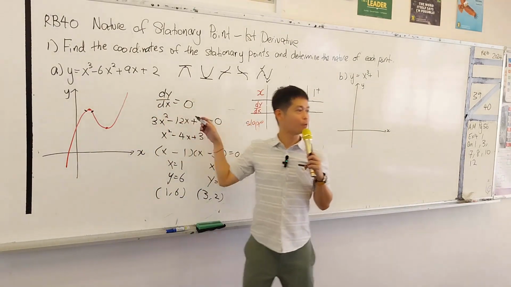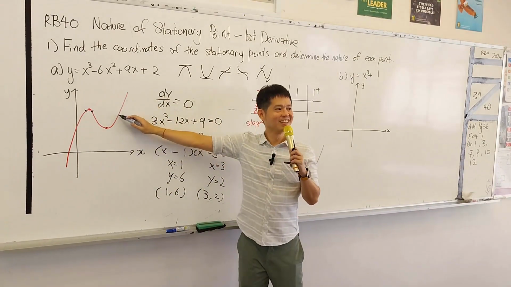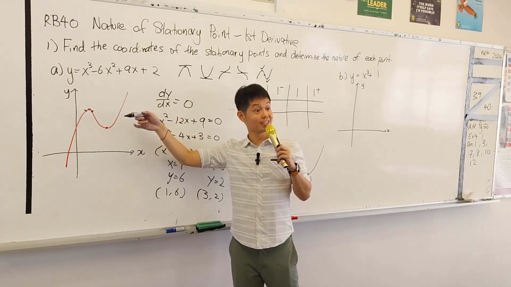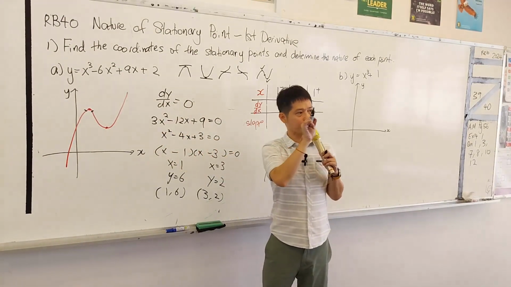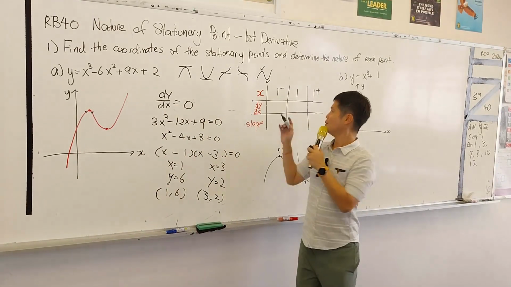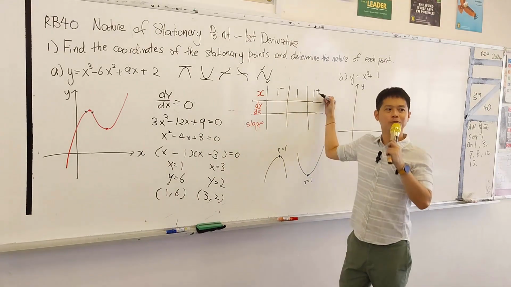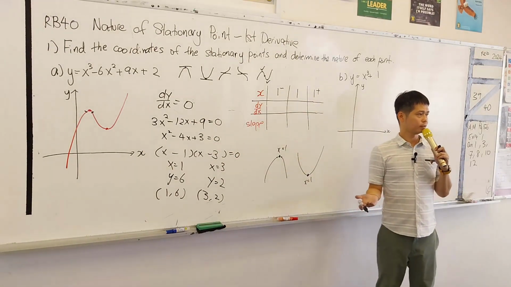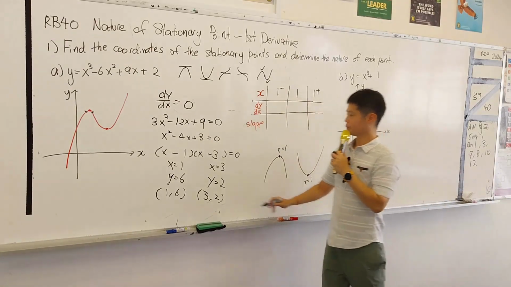If I test a number too far away, it may go to the next turning point already. So we always test points that are immediately next to it. But don't have to be so kiasu and test until like 1.00000001. No need to be so kiasu. 1.1 is enough.